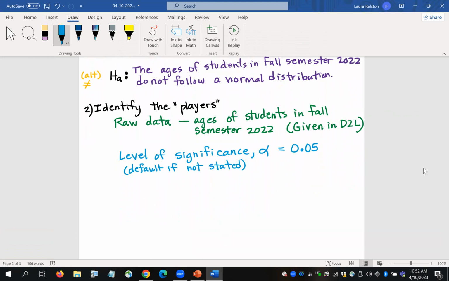Sometimes researchers will leave it open-ended so that the reader can use whatever level of significance they want, whether the 5%, the 1%, or 10%. The most popular or most used level of significance is 0.05 or 5%. So if it's not stated, we will default it to 0.05.